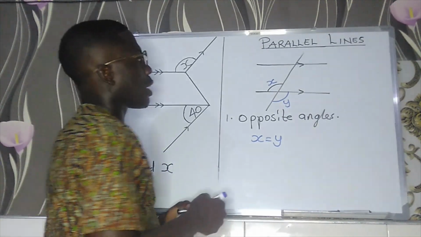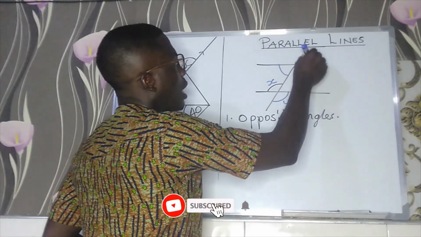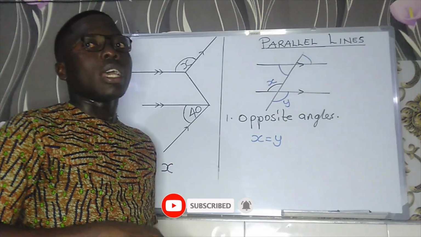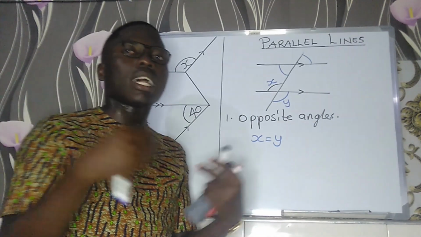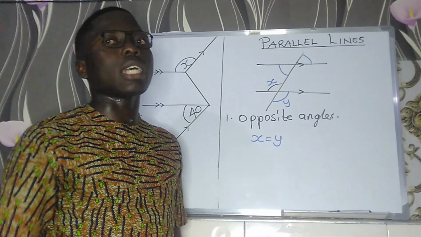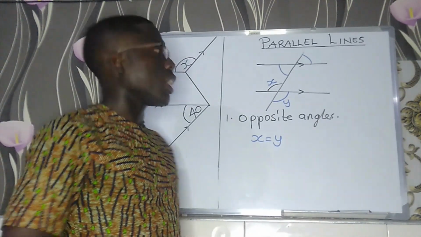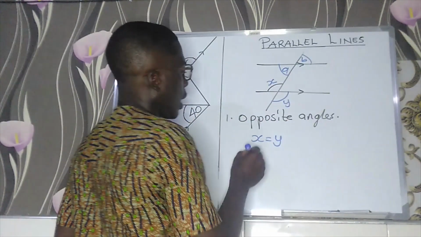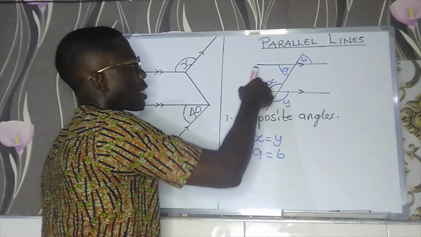Another opposite angle we can see in the diagram is this particular angle is directly facing this particular angle. And we are saying that whenever angles are facing each other directly, then they become opposite angles. And so they become equal angles. And if we should have A here and B here, A will also be equal to B, just as x is equal to y.